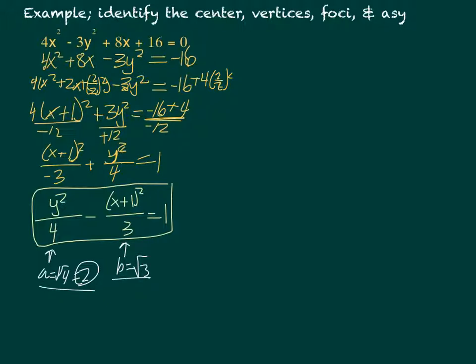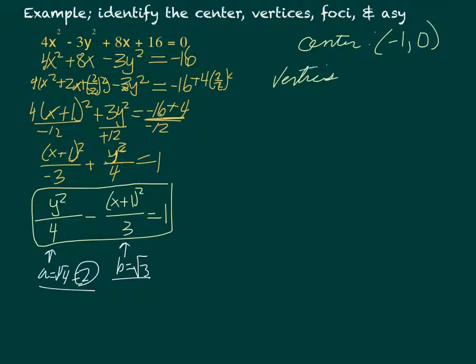So I know those two things right away. And I can also find my center right away. So my center is going to be my H, K, which would be, my H is with the X, so negative 1, 0, because there's nothing with the Y. And then I go on to find my vertices.